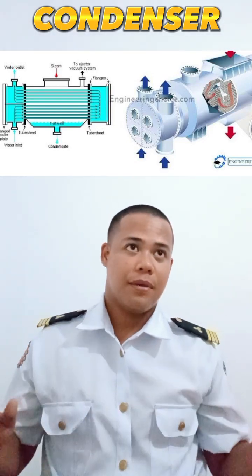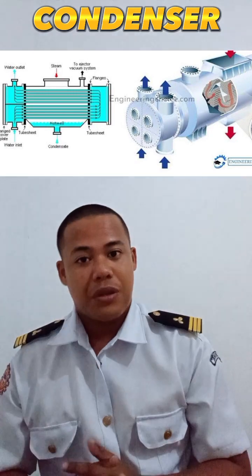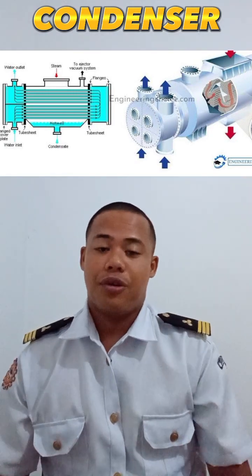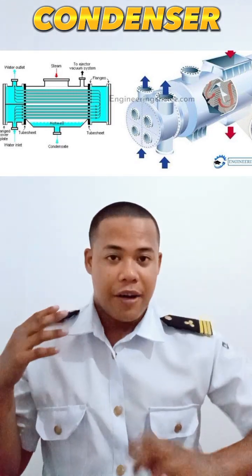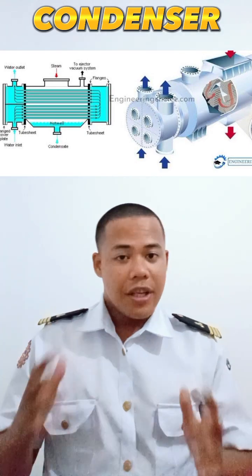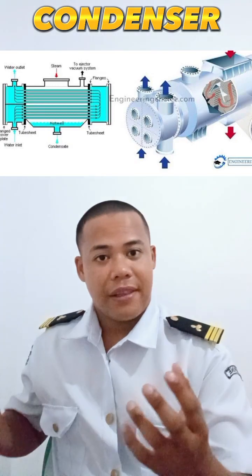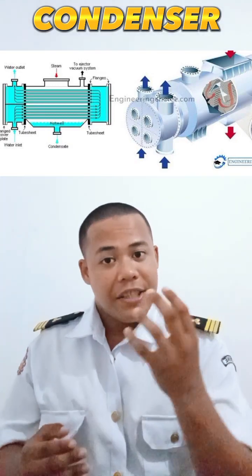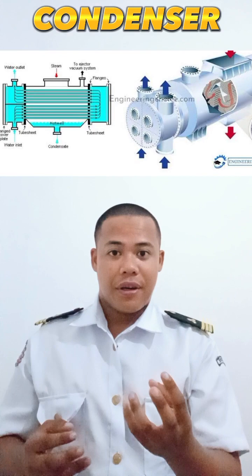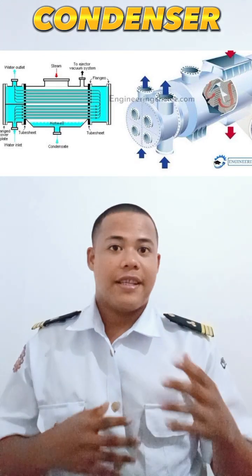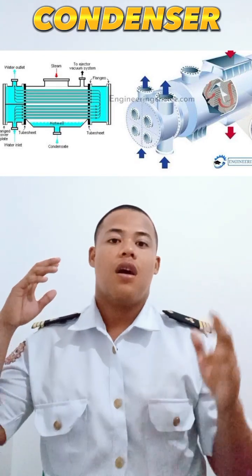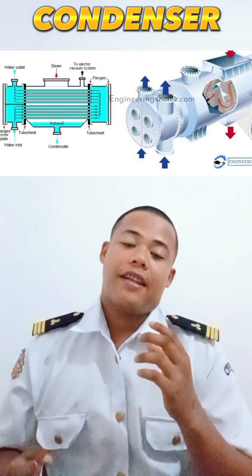This cooling medium is like seawater, fresh water, and other cooling mediums to be introduced in another topic. The condenser also has an air ejector installed to prevent corrosion, since the air ejector removes air and vapor emitted by the condensing steam present in the condenser.